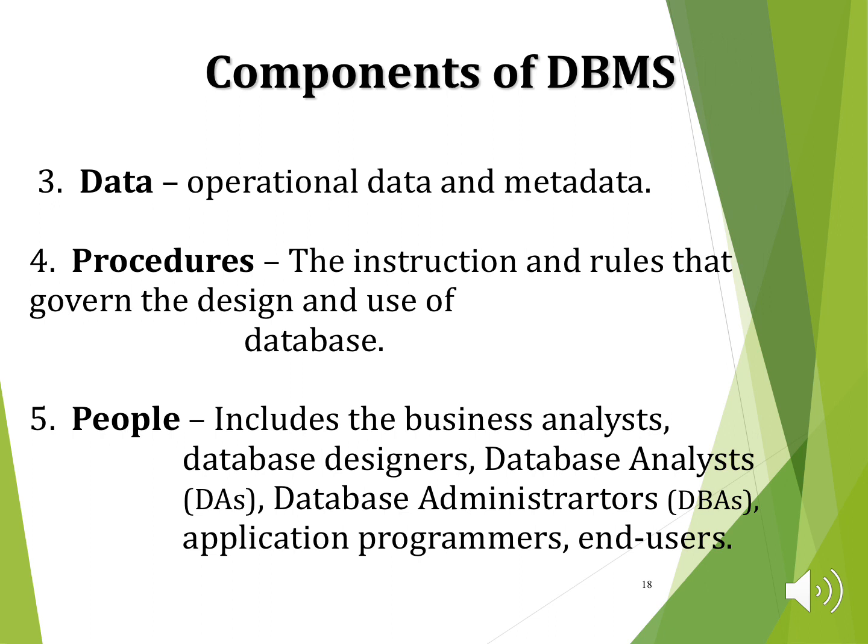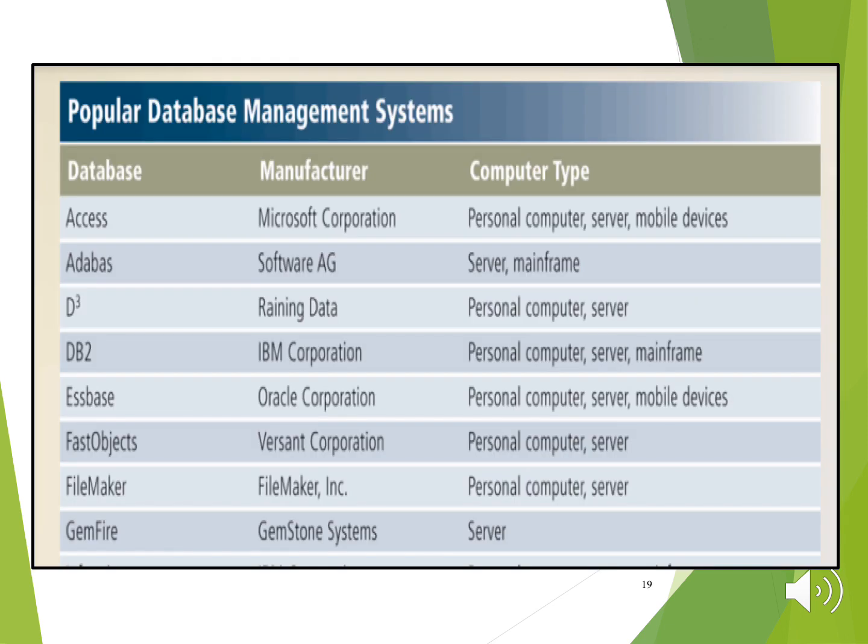And last one, people, which includes the business analyst, the database designer, the database analyst, database admin, programmers and end users. So these are the components of the database system.